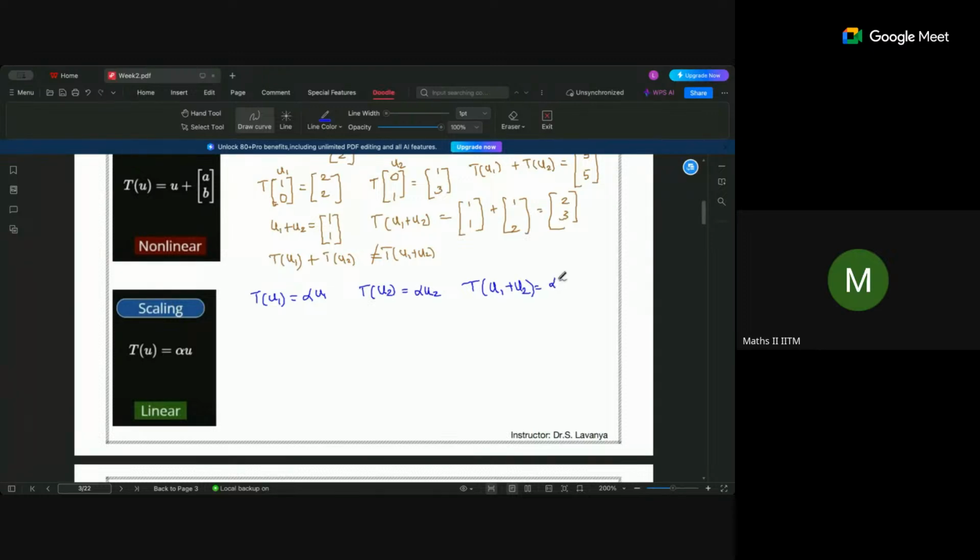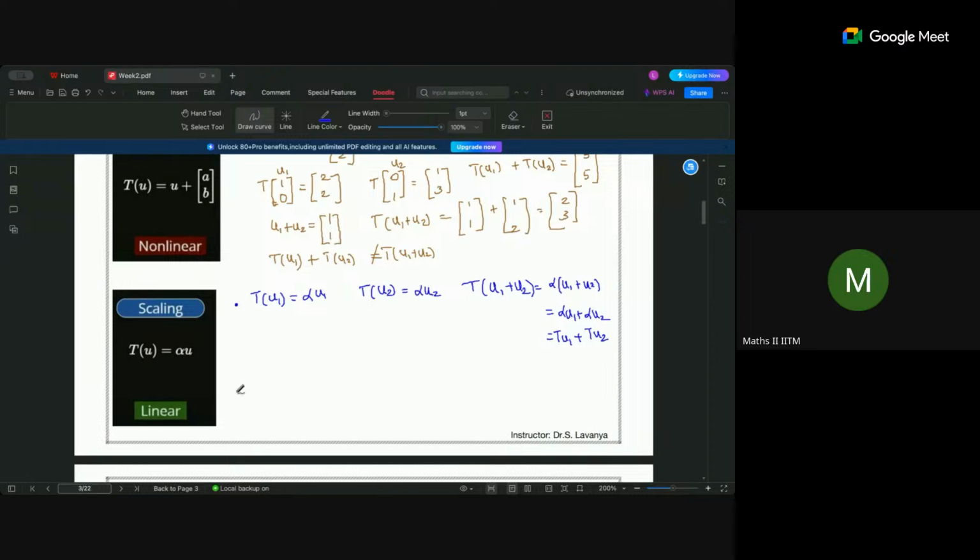It's alpha times (u1 plus u2), right? Now we can multiply this alpha inside: alpha u1 plus alpha u2. But alpha u1 is nothing but T u1, and the same way alpha u2 is nothing but T u2. So you see that T of (u1 plus u2) is the same as T u1 plus T u2. So the first property, additivity, is done.